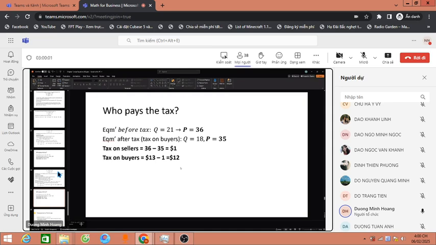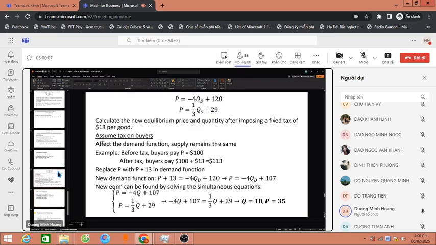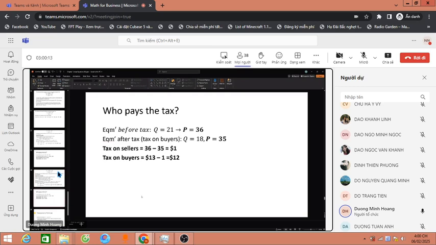So from this, we can conclude that with a fixed tax, in this case $13 per good, it does not matter which side we wish to place the tax on. The buyers still have to pay $12 in tax, and sellers still have to pay $1 in tax. So it doesn't matter which side you put the tax on. The tax burden is shared the same in both cases.